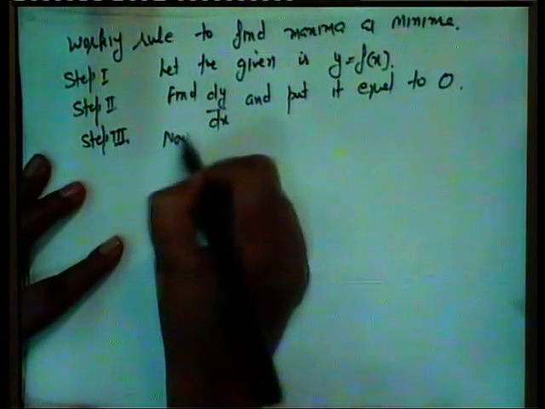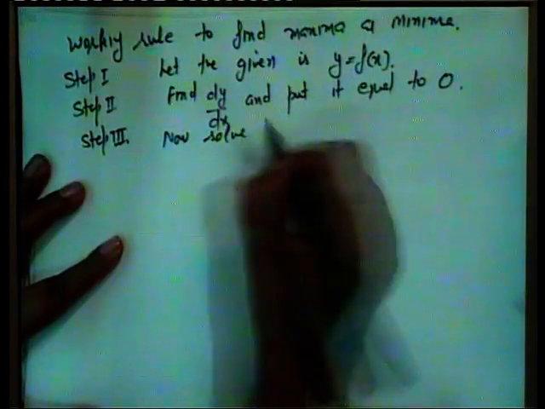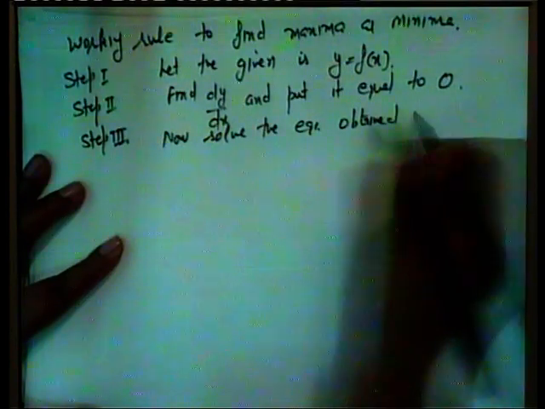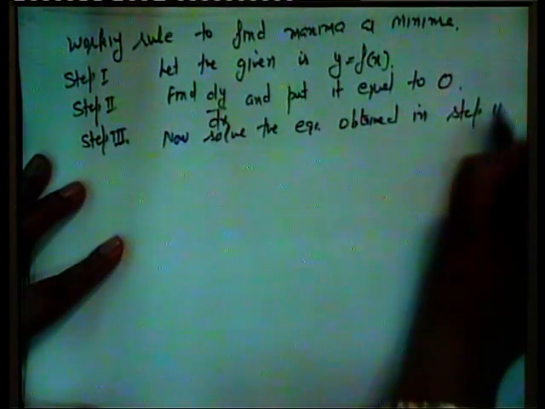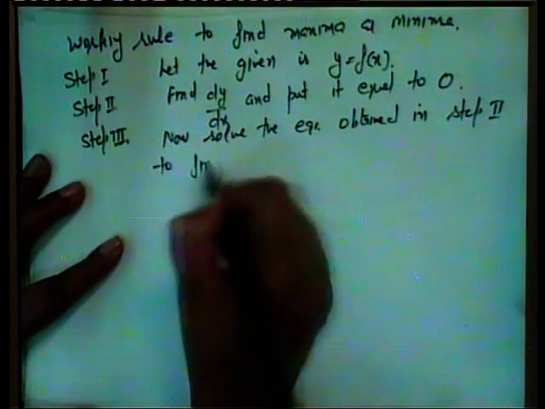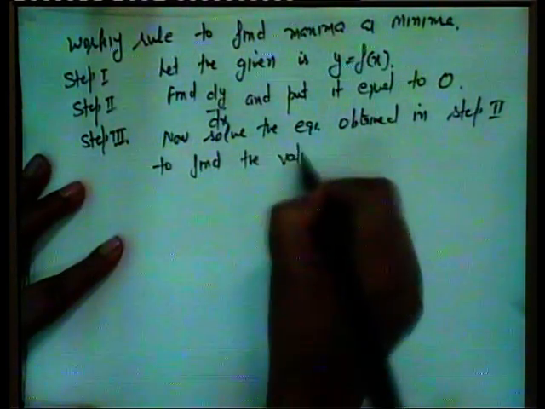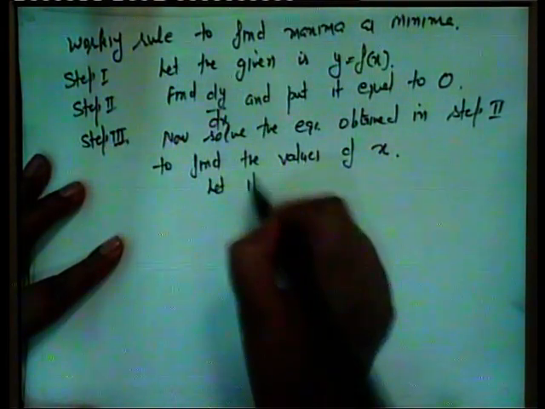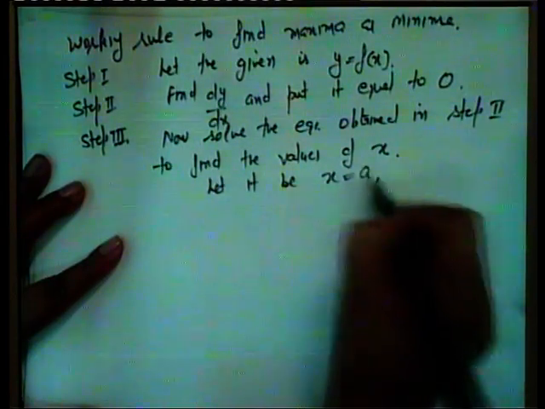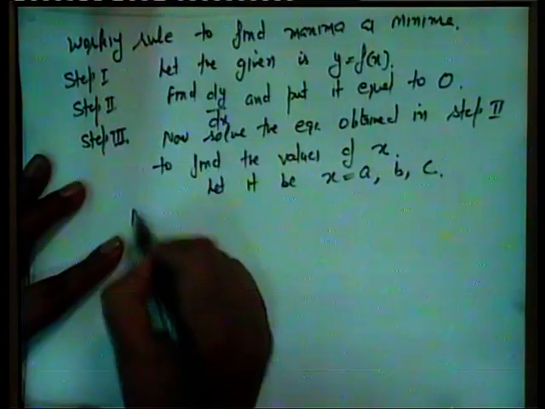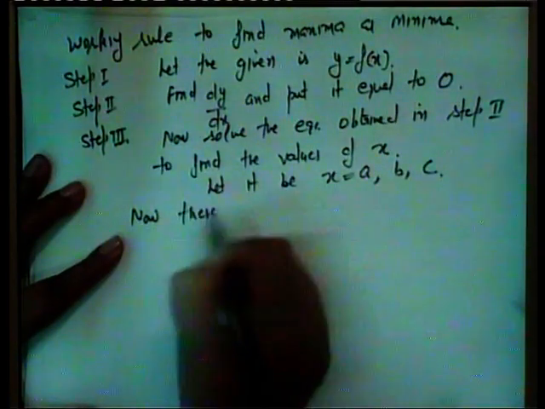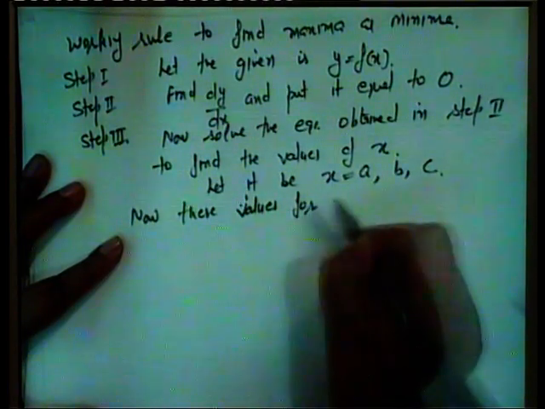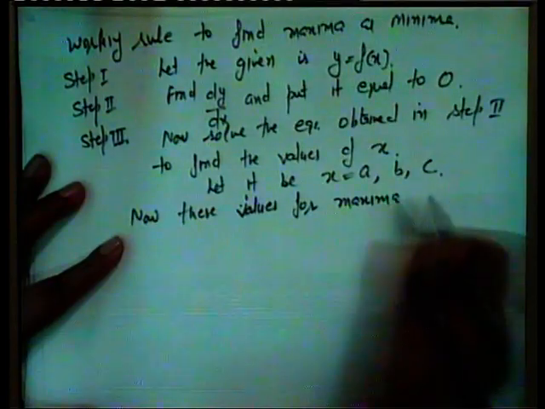Now, solve the equation obtained in step 2 to find the values of x. Let it be x is equal to a, b, c. Now, test these values for maxima and minima.